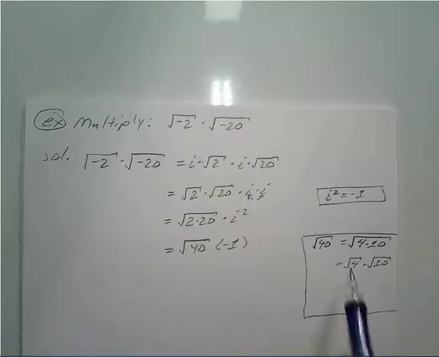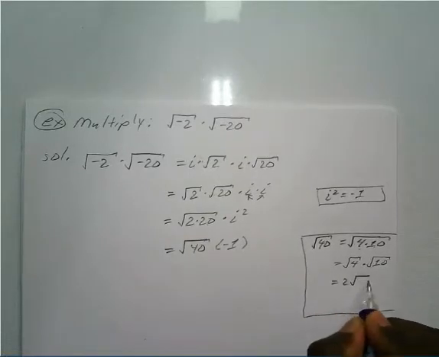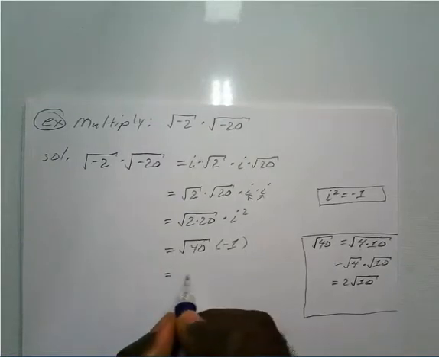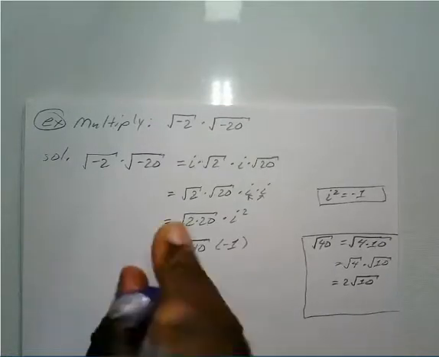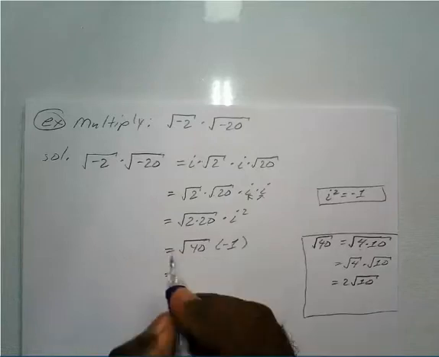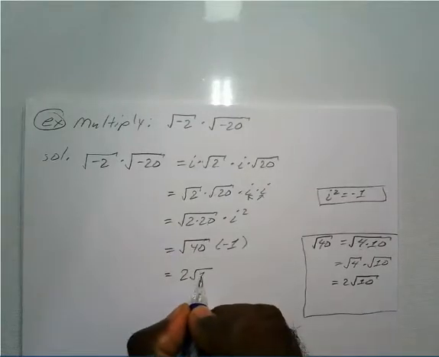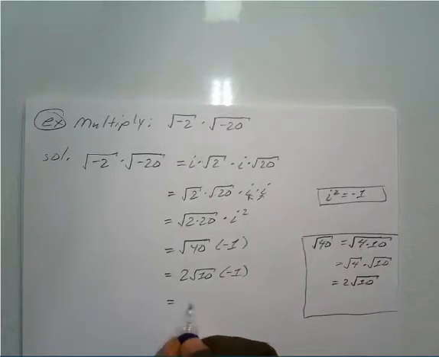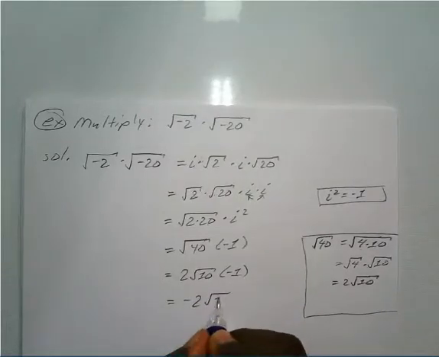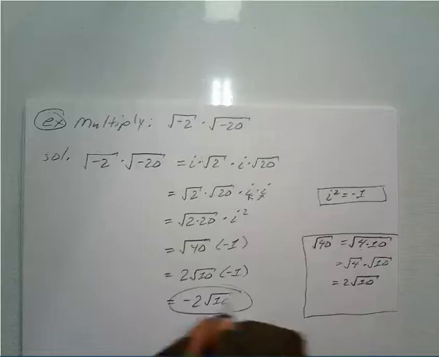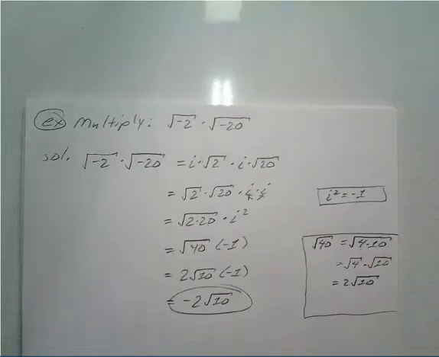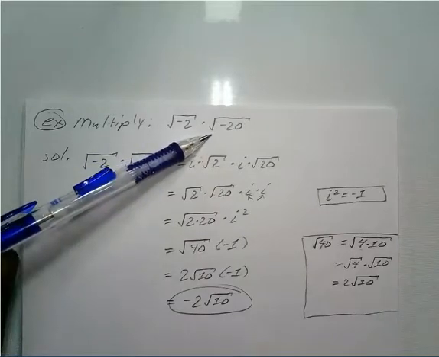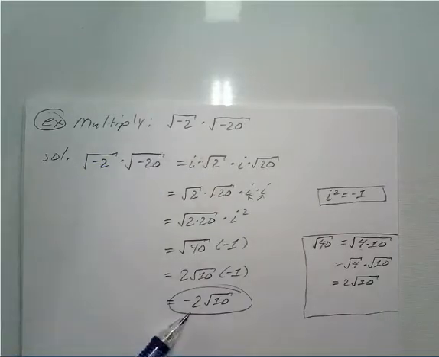Square root of 4 is 2, so we have 2 square root of 10. That becomes 2 square root of 10 times -1, or you can just make it -2 square root of 10. So if you multiply square root of -2 times square root of -20, you end up with -2 square root of 10.